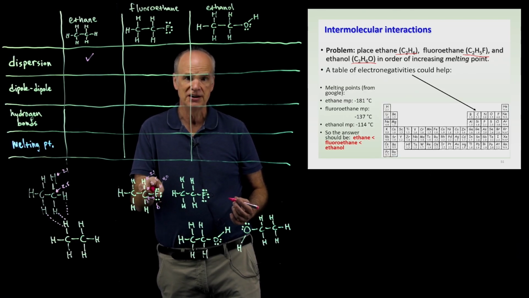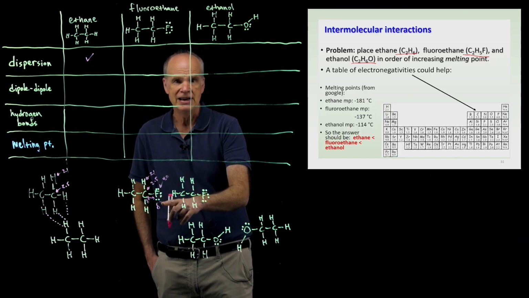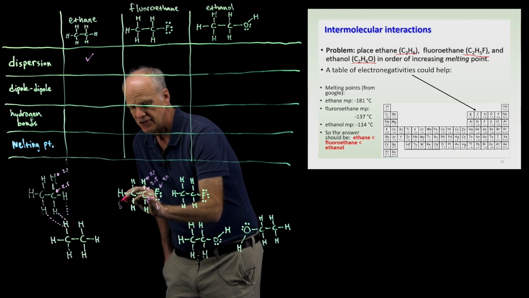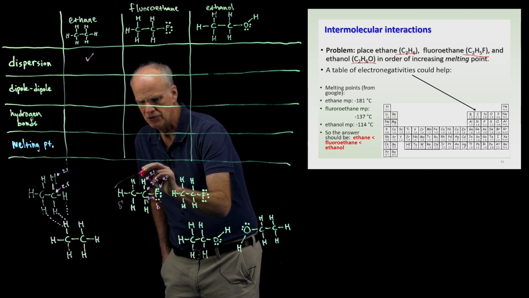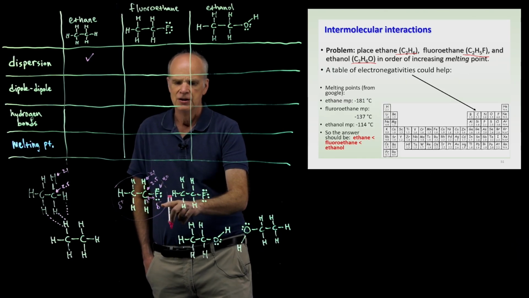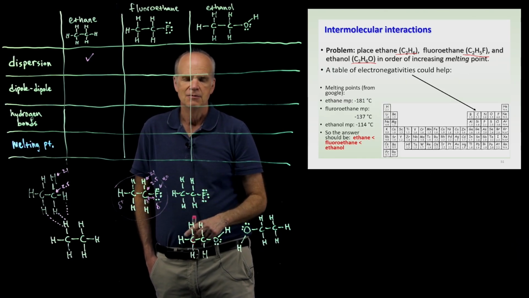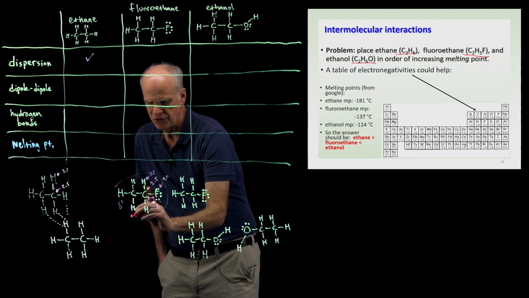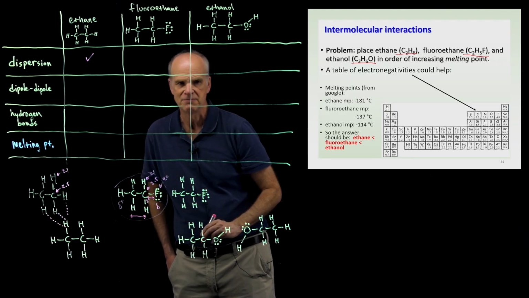So the whole thing is going to be a polar molecule. The right end of the molecule with the fluorine is delta negative, and the left end is delta positive. If we want to, we can remind ourselves that the whole molecule is polar by drawing an oval around it, and that this whole thing has a molecular dipole moment.